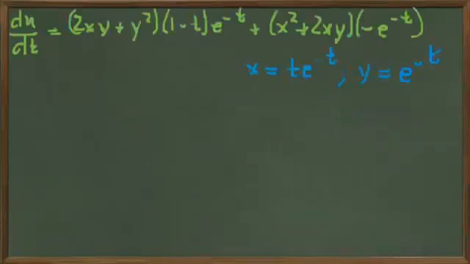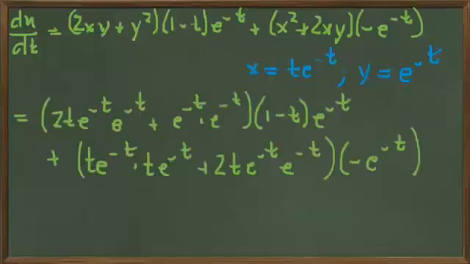So we have where we left off on the previous page rewritten up here, and now let's substitute in x equals this and y equals this. So everything is substituted in on these two lines, and now we want to collect terms.